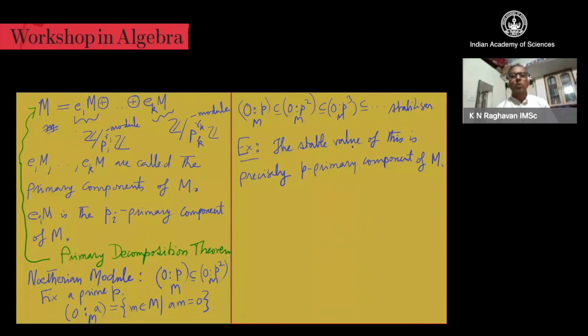So M has a non-trivial P primary component if and only if P is P1 or ... or P is equal to Pk.